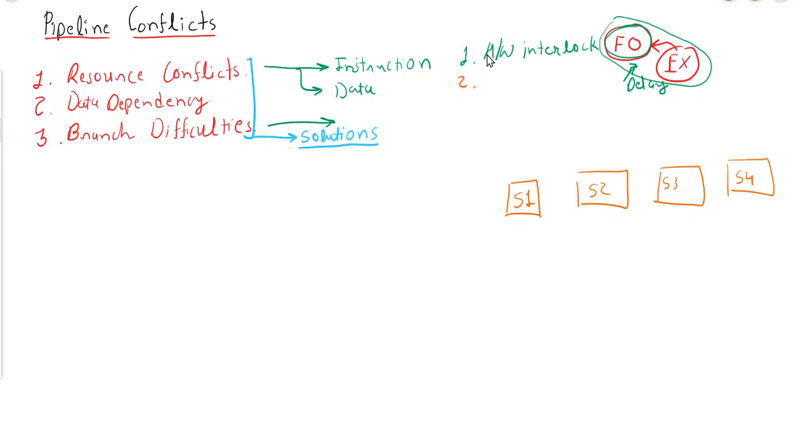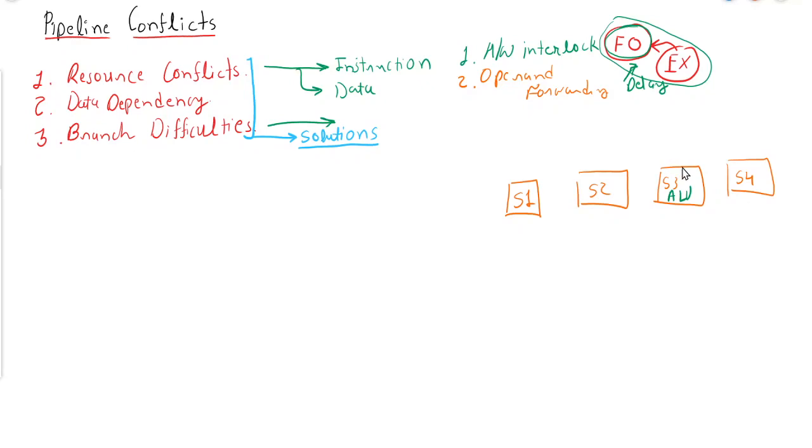Now the second solution is operand forwarding. What is operand forwarding? Let's say in segment 3 there is the ALU, and after performing the operation, the updated value should be used in some other segment.